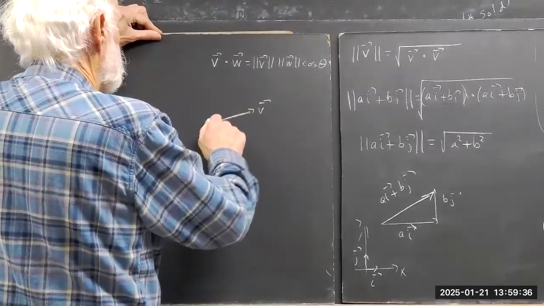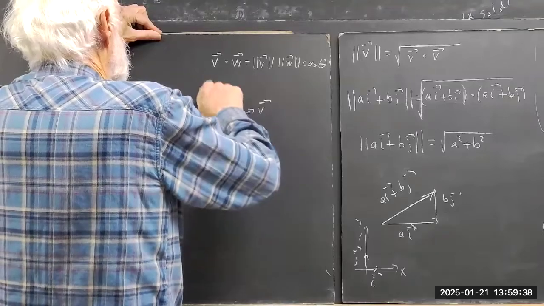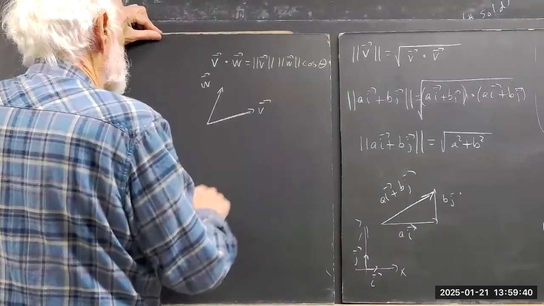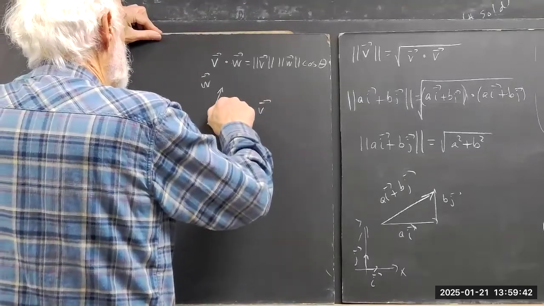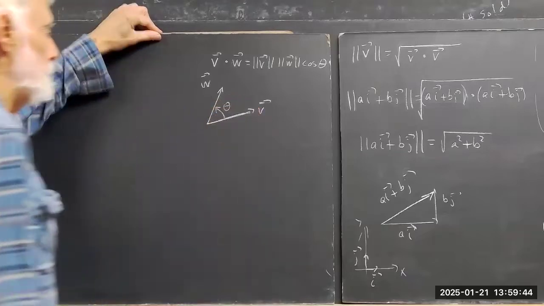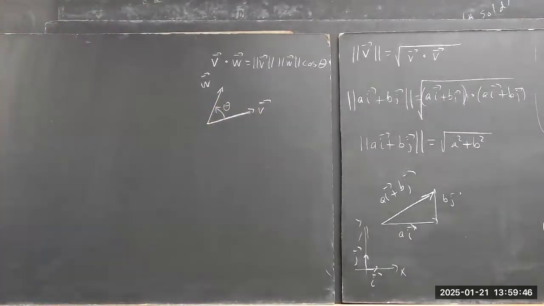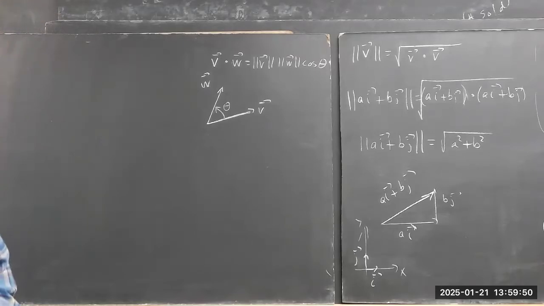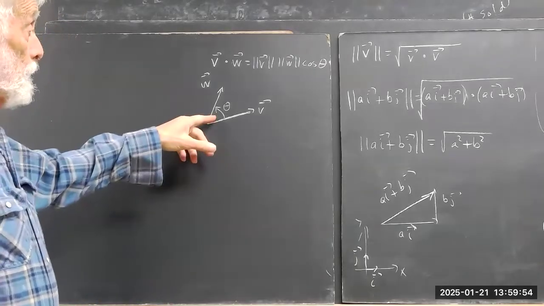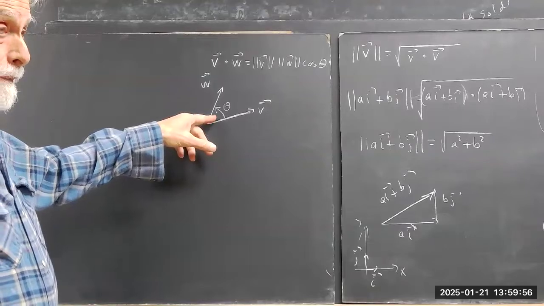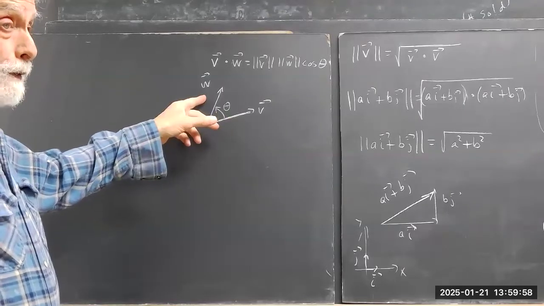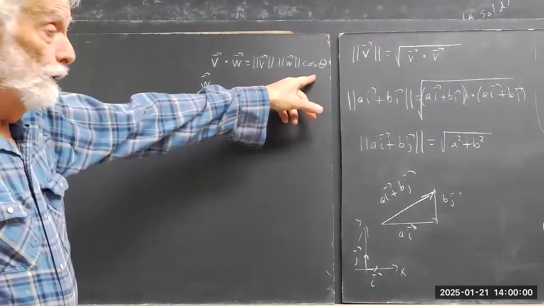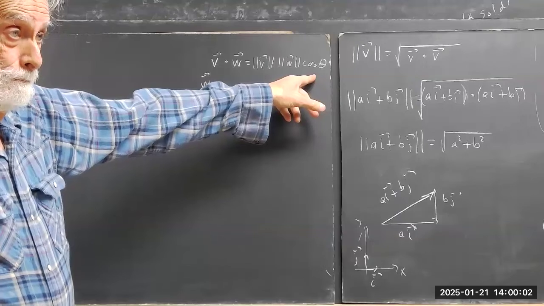Here we've got V. Here we've got W. And here we've got the angle between them. Okay. If I want to get the angle between two known vectors, it's real easy to solve this for theta.